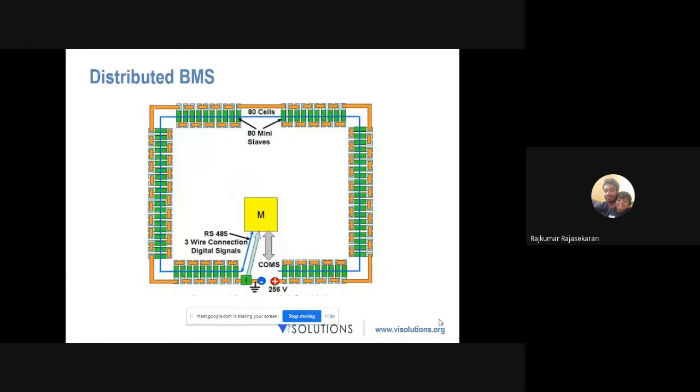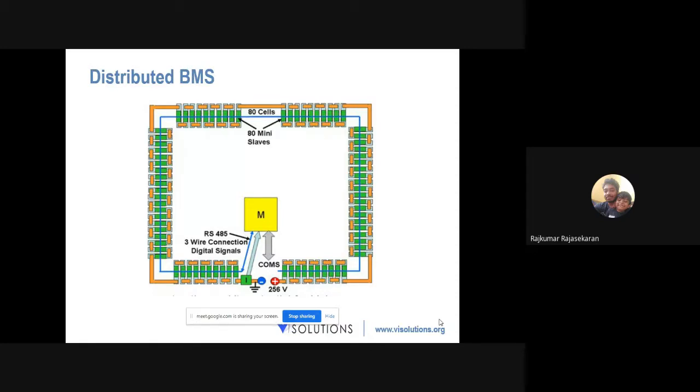Where each and every cell in your system is going to have this intelligent embedded unit.